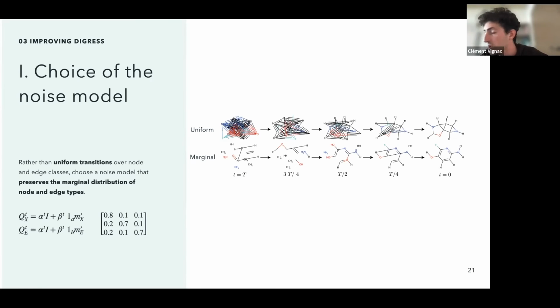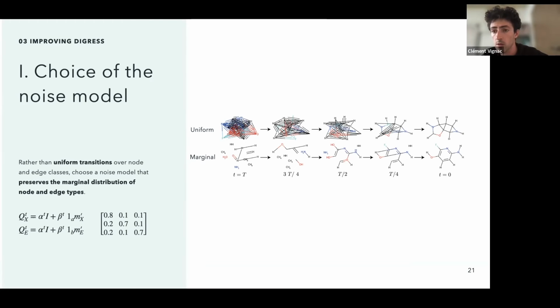And 10% of the pairs correspond to edges of type A. In the marginal transitions that we propose, we choose it in such a way that the probability of jumping from any state to no edge is 8 times bigger than the probability of jumping from any state to type A. That's the main idea.